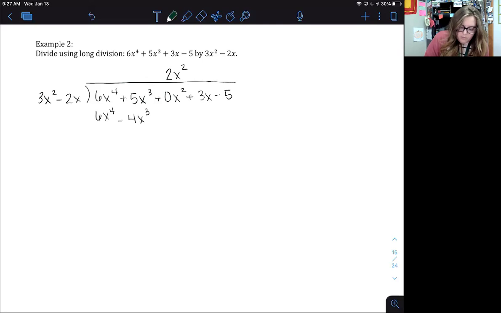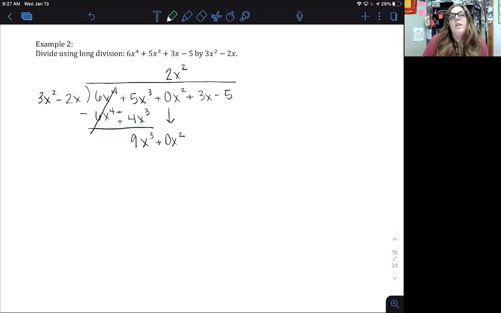Okay. And then we're going to subtract. So 6x to the fourth minus 6x to the fourth cancels. I'm going to bring that subtraction sign over. So 5x cubed minus -4x cubed becomes addition and gives us 9x cubed. I'm going to bring down that 0x squared.